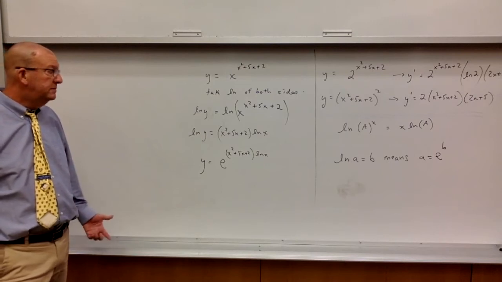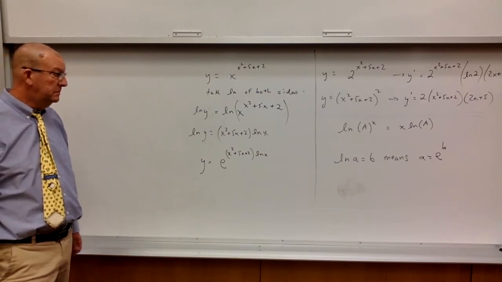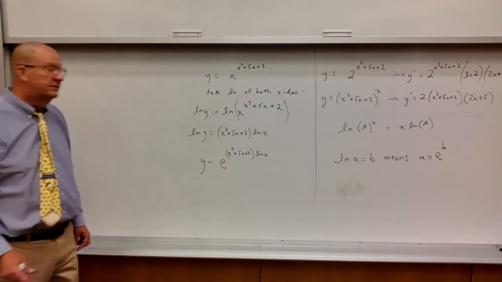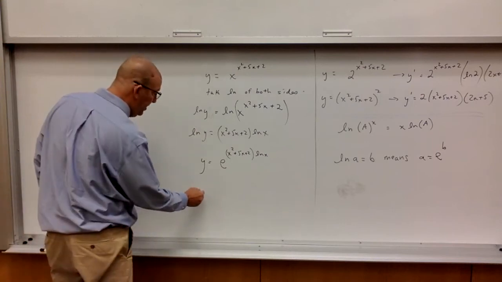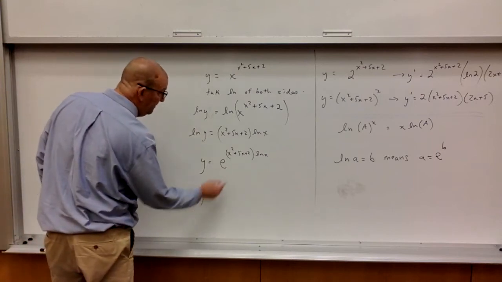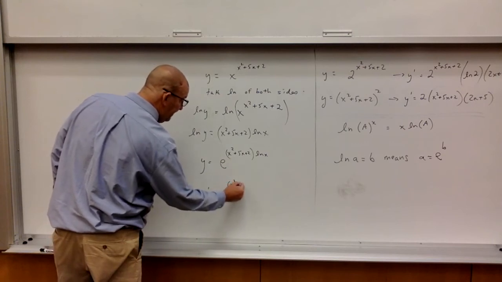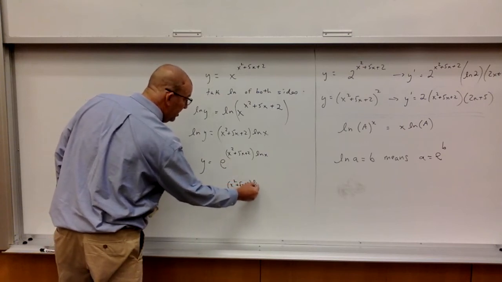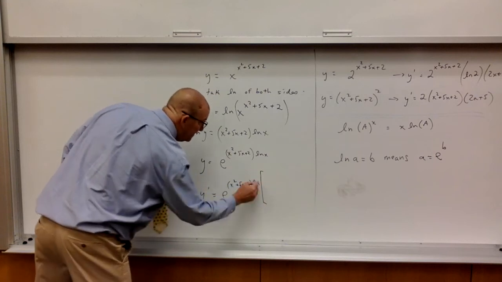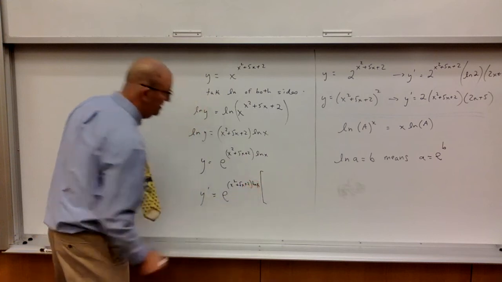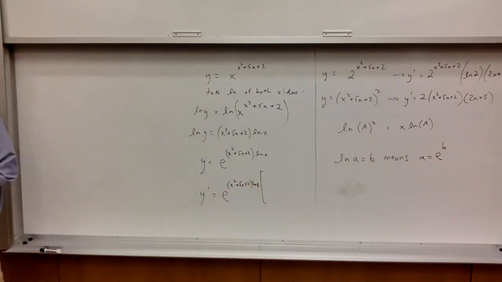So now we just differentiate. So now we can differentiate this, and away we go. y prime first, and then we have e to the x squared plus 5x plus 2 times the natural log of x. And then we take the derivative of that exponent.